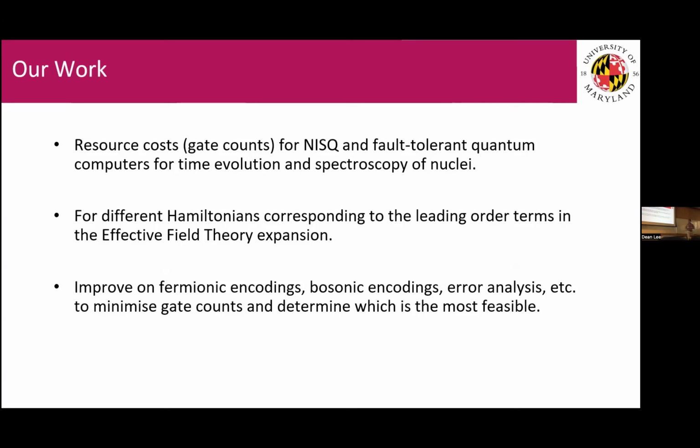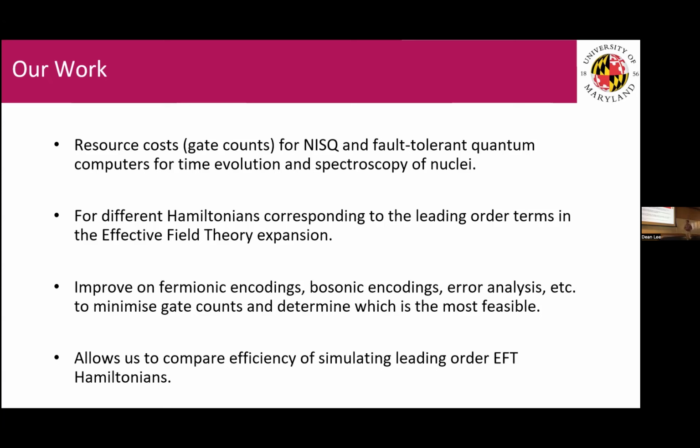In order to characterize these results, we tried to improve on or implement state-of-the-art fermionic encodings, bosonic encodings, and various different error analyses to minimize the resource costs and determine what scales are feasible. And this allows us to compare the efficiency of simulating leading order effective field theory Hamiltonians.